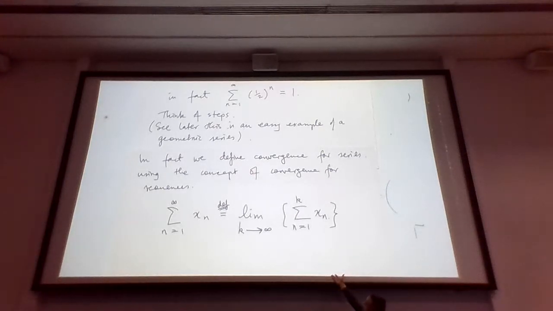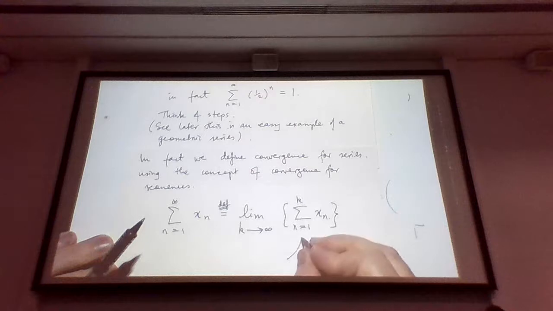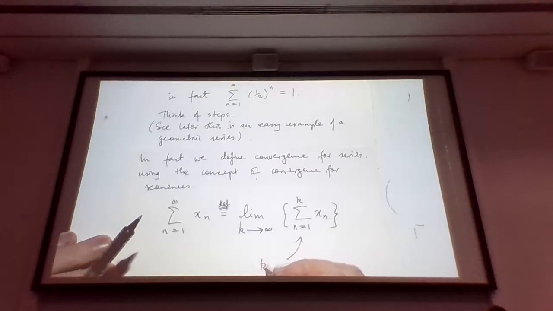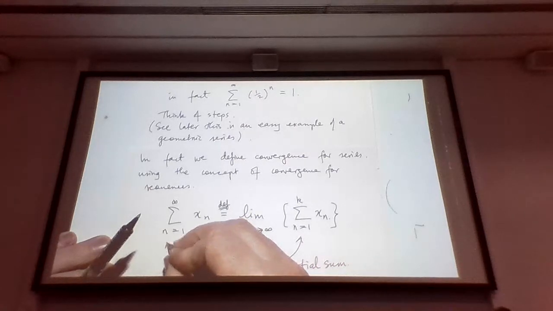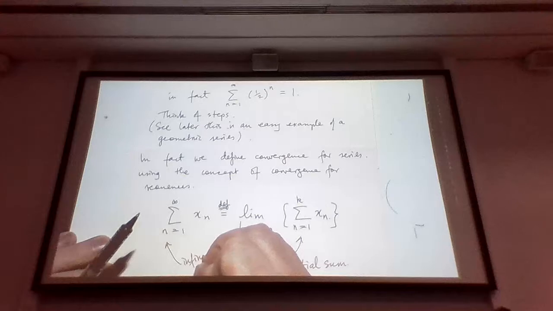And they form a sequence. As k gets bigger and bigger, you've got a sequence of intermediate sums. And whatever the limiting behavior of that sequence, that's the value that we associate to the infinite series. These things are called the kth partial sum. It's a good descriptive term for it. This is the infinite series, the infinite sum.